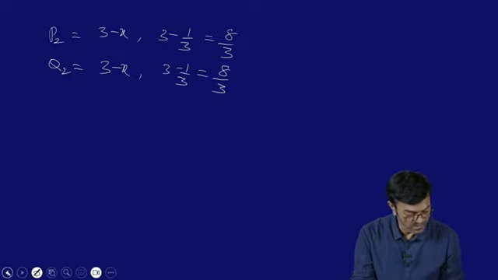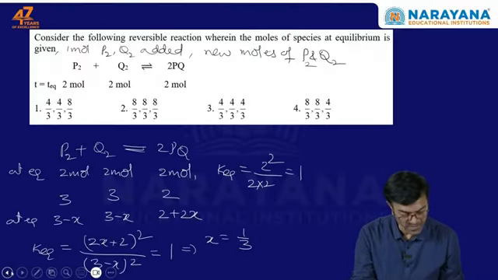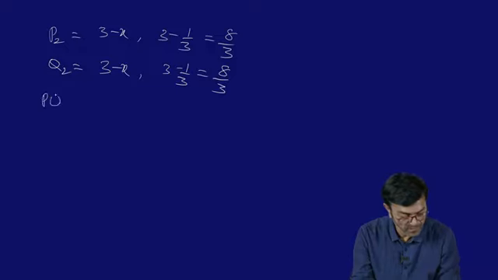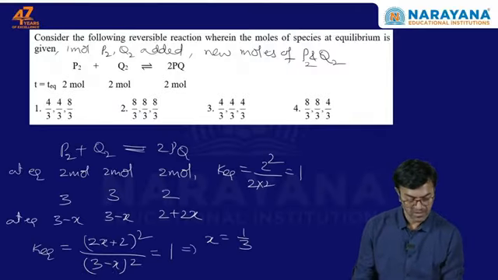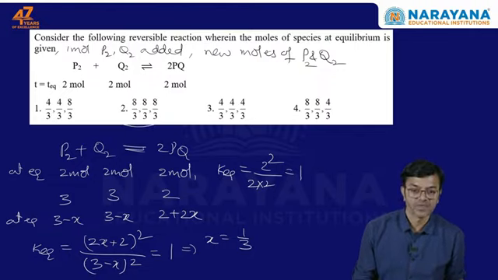And when you check PQ moles, that is 2 plus 2x. So 2 plus 2 by 3, that is also 8 by 3. So based on this, our answer will be option 2, all are 8 by 3. Okay.